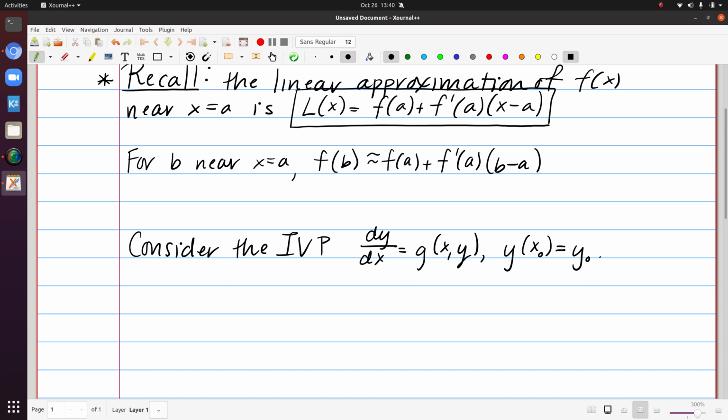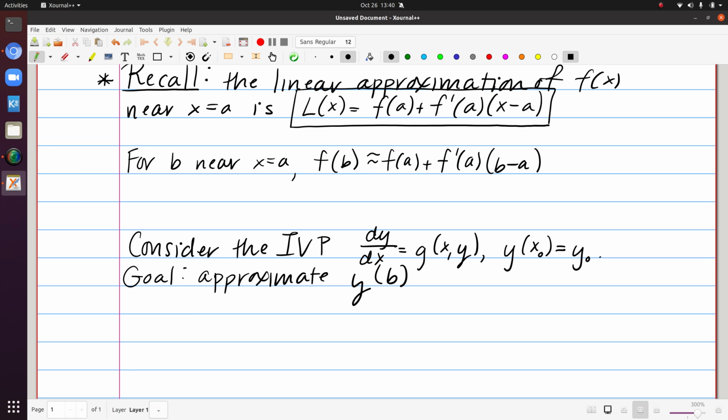So the goal here is to use this information to hopefully approximate the solution function evaluated at a different point. So let's approximate y of b. So again, y being the solution of this differential equation.